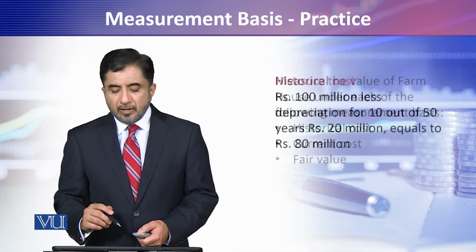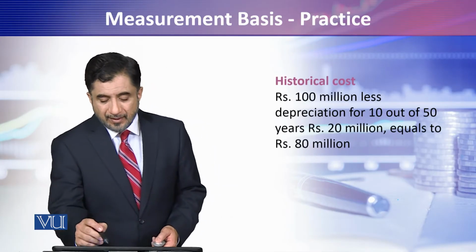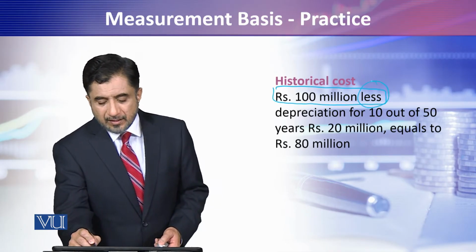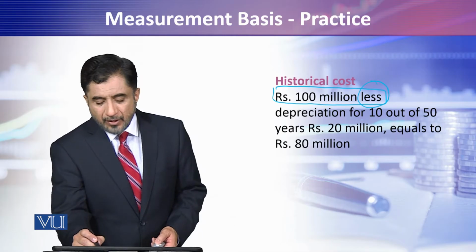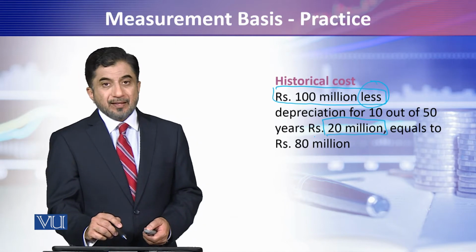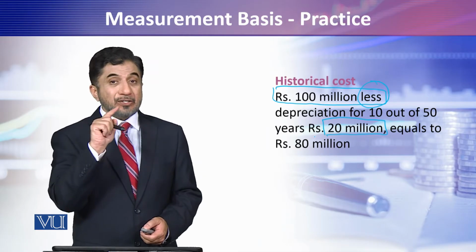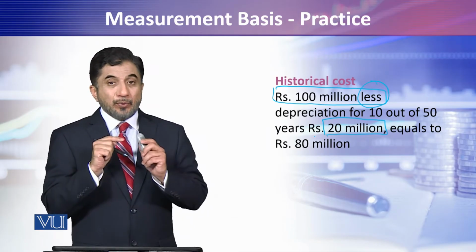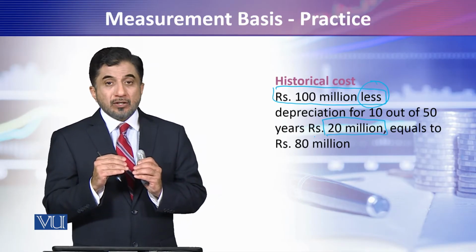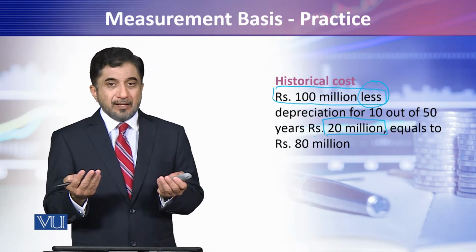All right. So let's see what the historical cost is. Remember, 100 million is its transaction price, from which we have to subtract accumulated depreciation. Now remember, 100 million is not its historical cost. We need to keep updating historical cost for its accumulated depreciation.